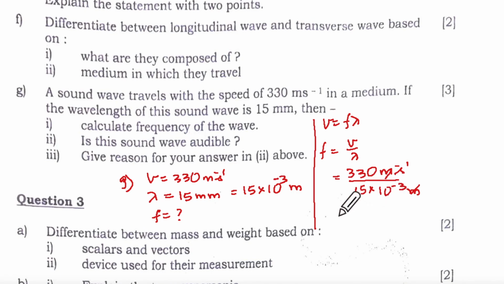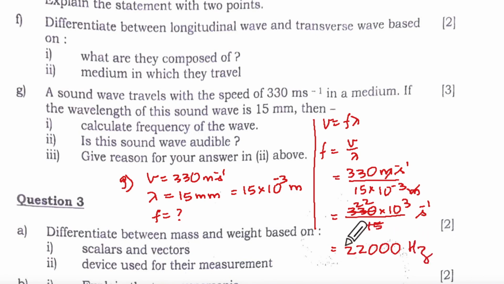Meter got cancelled, and I'll have 330 into 10 to the power 3 upon 15, and meter got cancelled. I have s to the power minus 1 remaining. So I have 22,000 hertz.